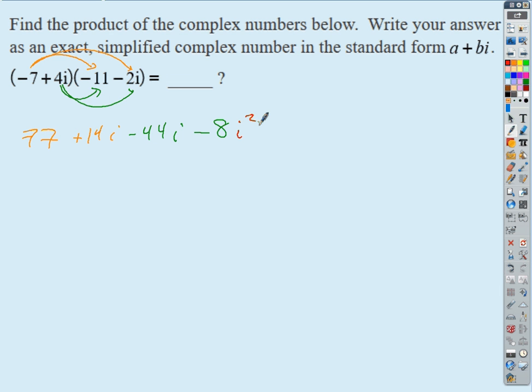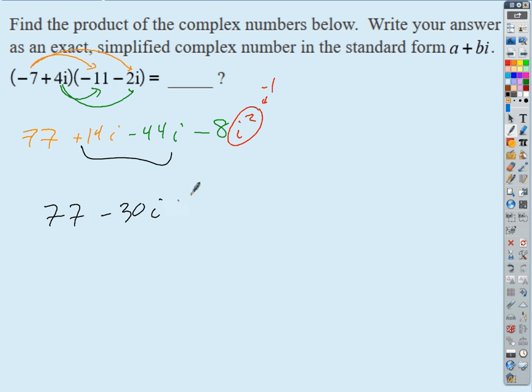Okay. What's the one thing I got to remember here, though, about the i squared? It equals -1. That's it, right? So all I've got to do is where I used to have an i squared, I'm just going to plug in a -1. So what does that really do to that last term when I have an i squared? Flips the sign, right? Just flips the sign. So then we end up with, I could combine those like terms, and I just get 77, 14i minus 44i is what?